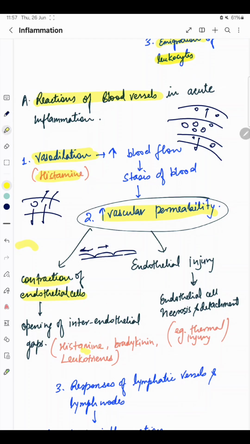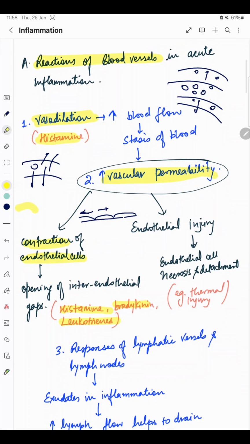This mechanism is usually mediated by various cytokines or various mediators of inflammation like histamine, bradykinin, and leukotrienes. Another mechanism of increased vascular permeability is direct injury to the endothelial cells, which can be seen in thermal injury.